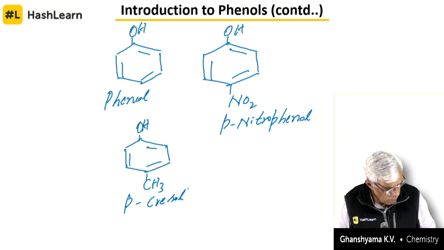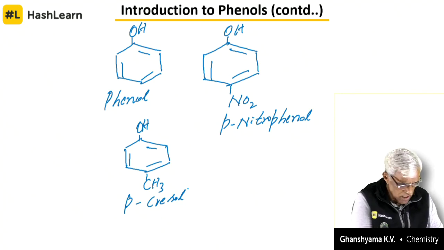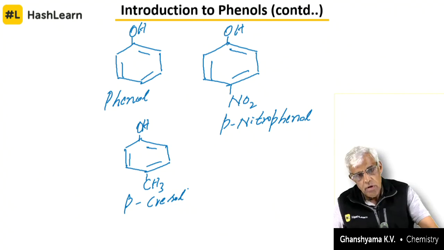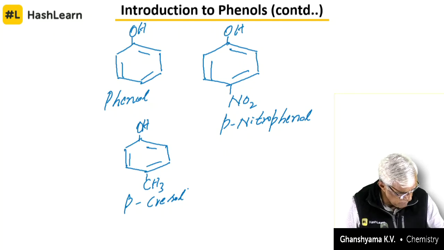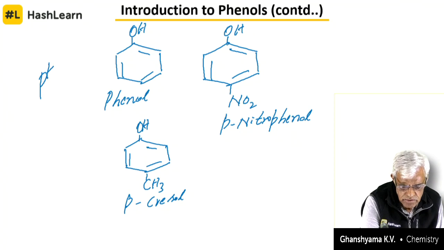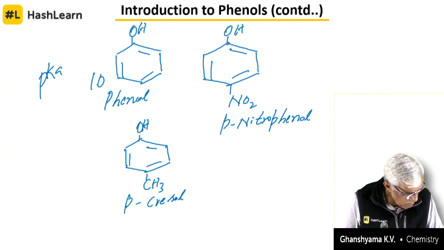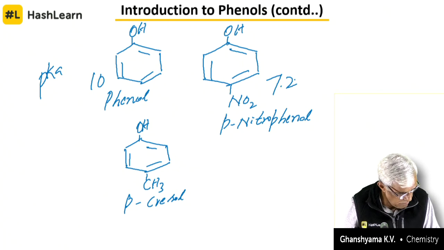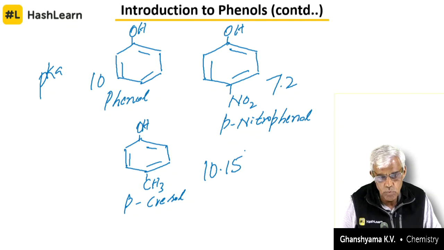Now, phenol is acidic in nature. It is a very, very weak acid. Its pKa value is roughly about 10, whereas para-nitrophenol it is 7.2 and para-cresol is 10.15.